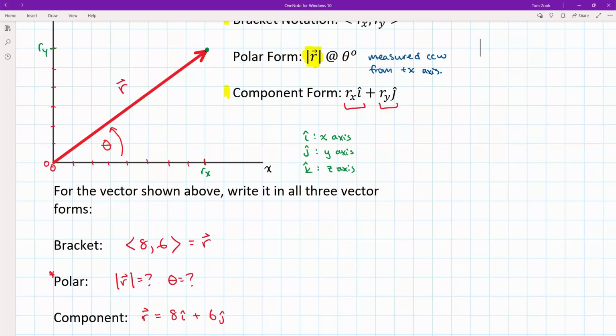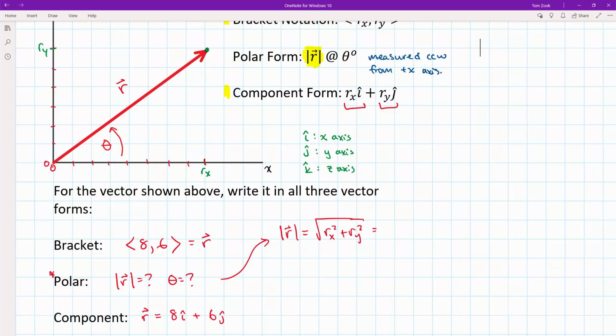So for magnitude, I'm going to take up a little bit of space over here, we would do this formula right here. The x component squared plus the y component squared, made an oops there, ry, and then square root them. So just the distance formula. If you want to find a distance from the origin to a point, that's what you would do.